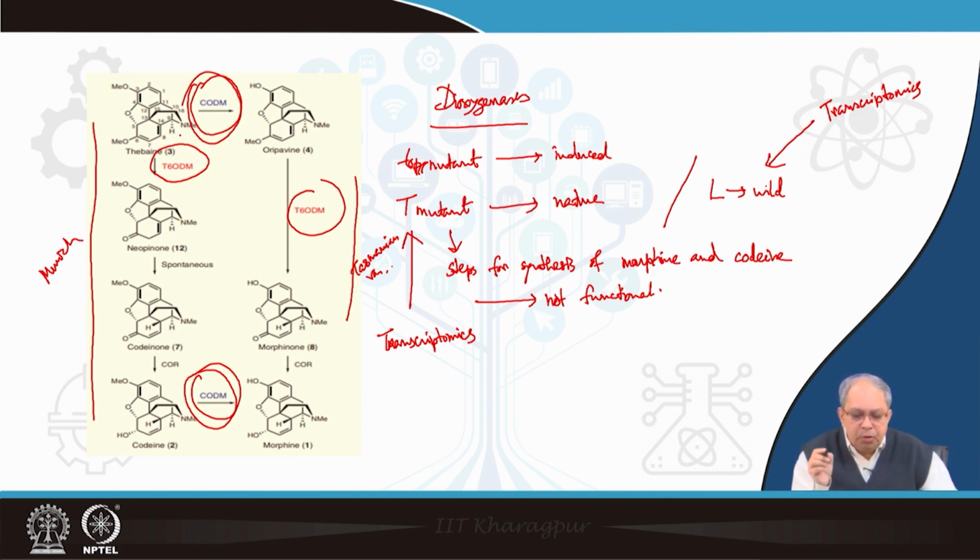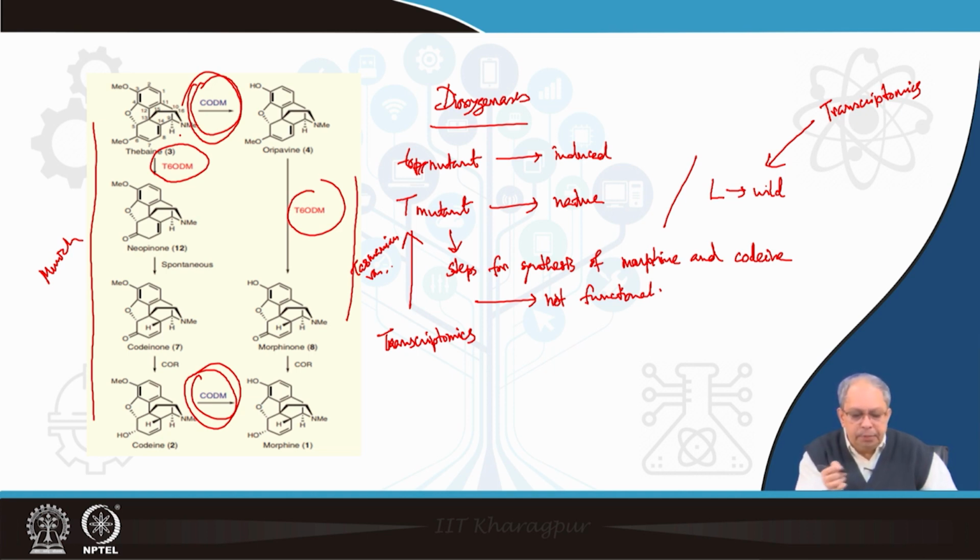And as I have also mentioned, in order to confirm their function they used virus induced gene silencing to block the steps, and they confirmed that indeed these are the enzymes which catalyze the function. When the gene was blocked by virus induced gene silencing, it did not push the pathway towards morphine; instead it accumulated either thebaine or oripavine.